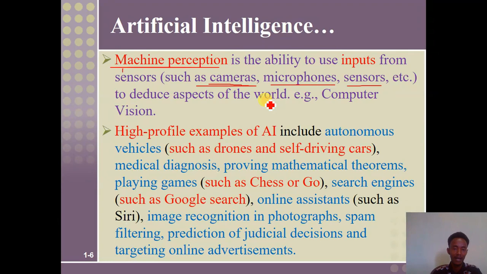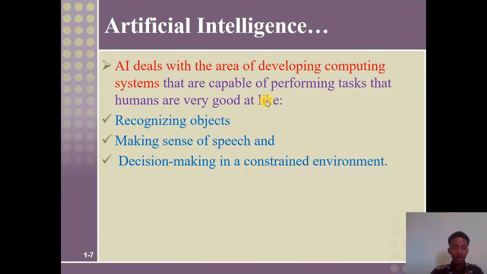These applications in general are good examples of artificial intelligence devices. Artificial intelligence deals with developing computing systems capable of performing tasks that humans are very good at.